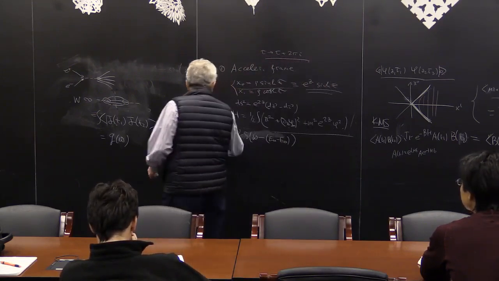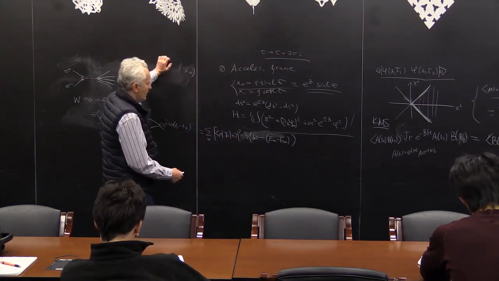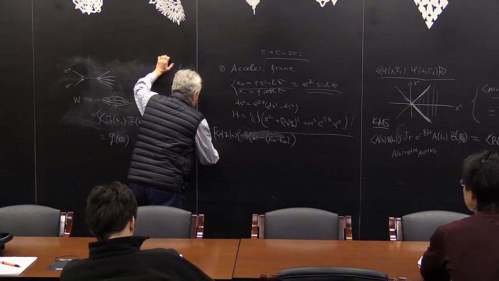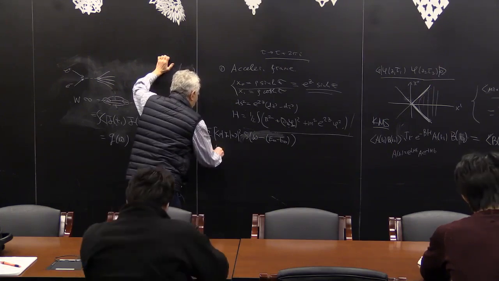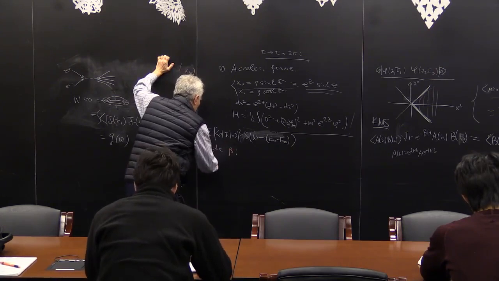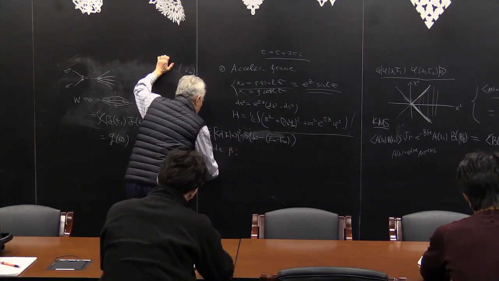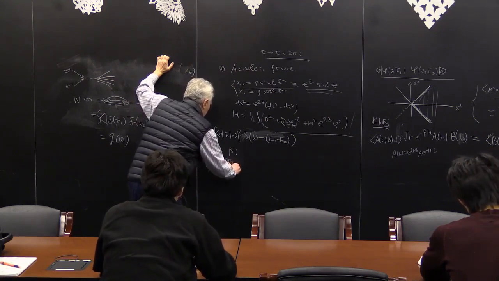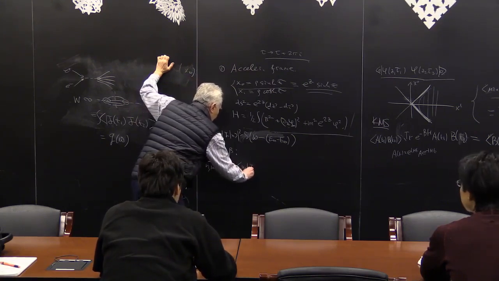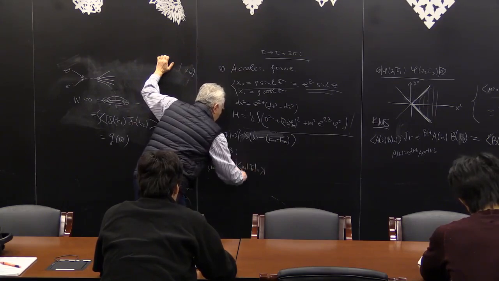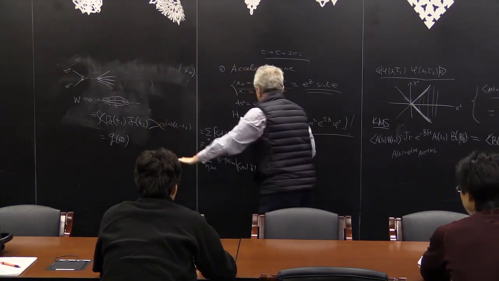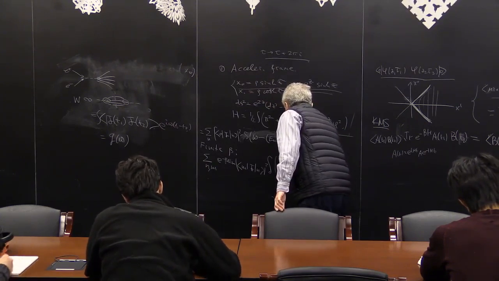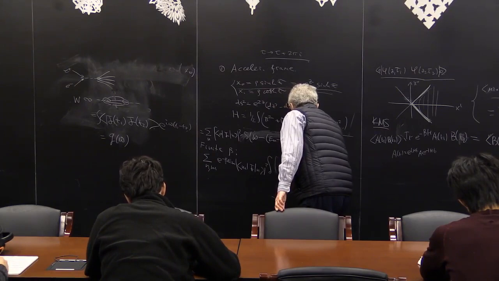Then the simple thing to do, if we have finite beta, is to sum over n and m, e to the minus beta Em, matrix element squared, and delta function of omega minus En minus Em.